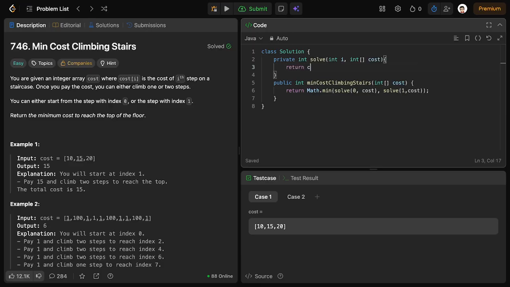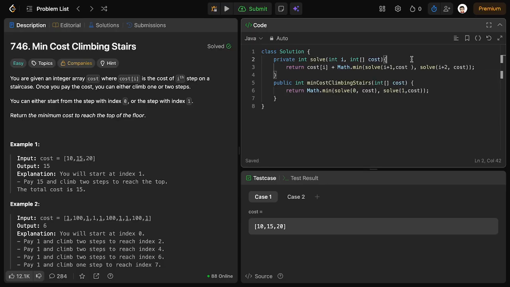Return cost[i], the cost of taking that step, plus the minimum of taking the next two steps, i plus 1 and i plus 2, with cost. What would our base case be?